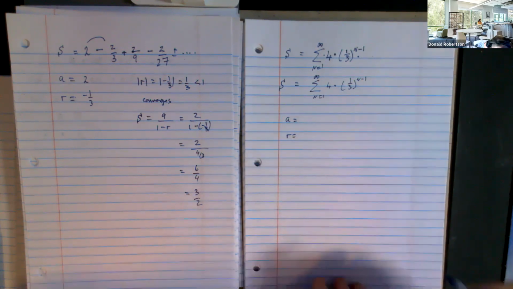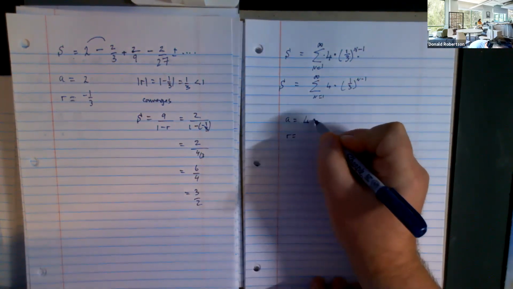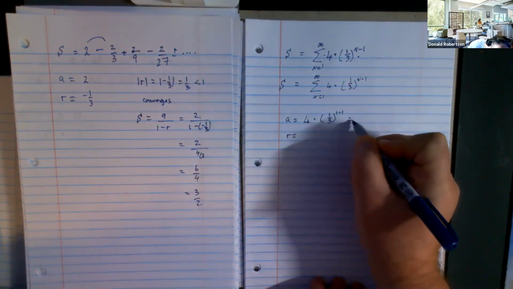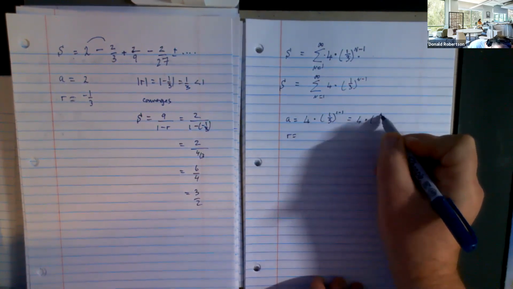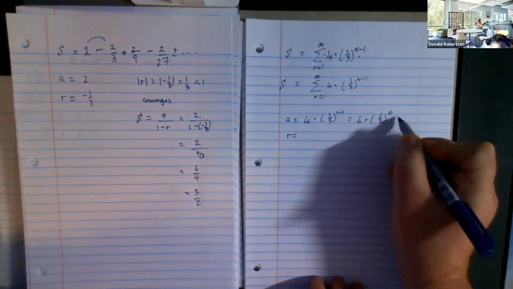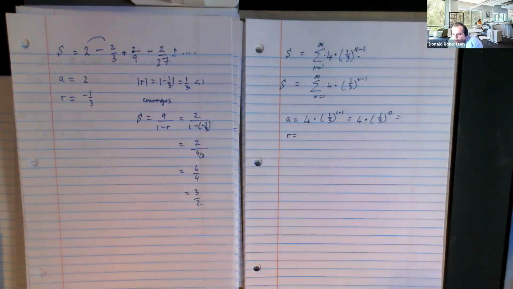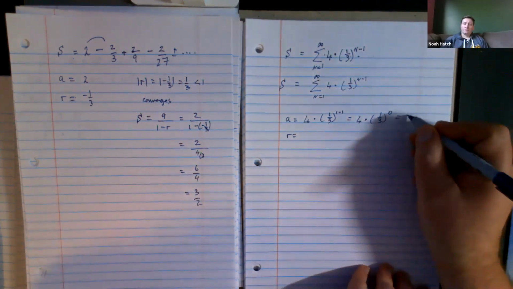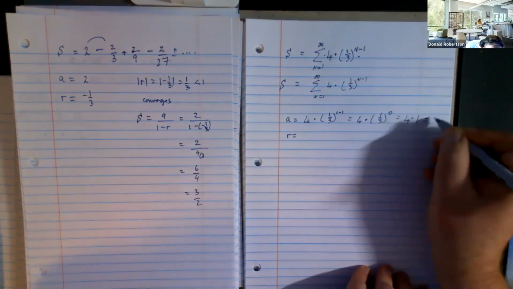And so what does that get me? It gets me 4 times 1/3, well, actually 4 times 1/3 to the power of 0. Be careful here. What is 1/3 to the power of 0? What number is it? 1. So it's 4 times 1, so it's 4.